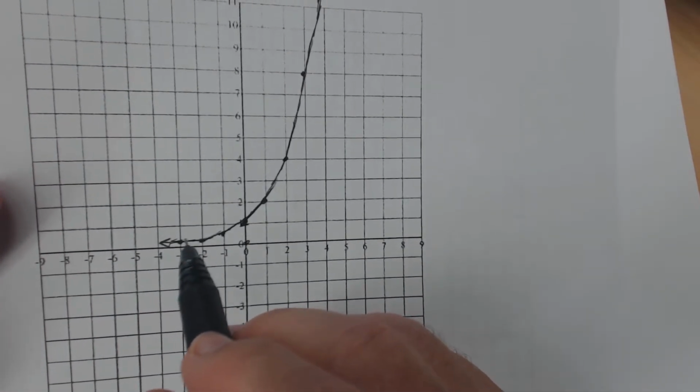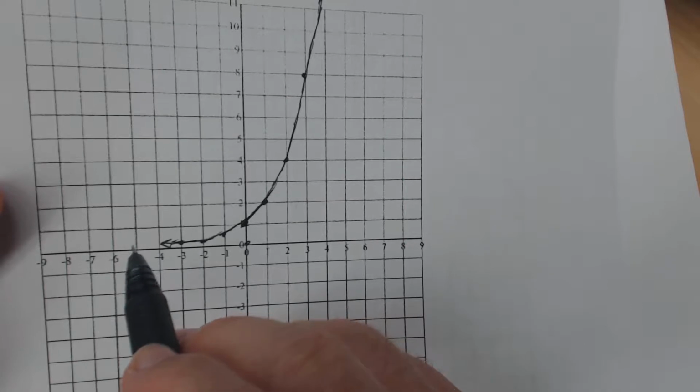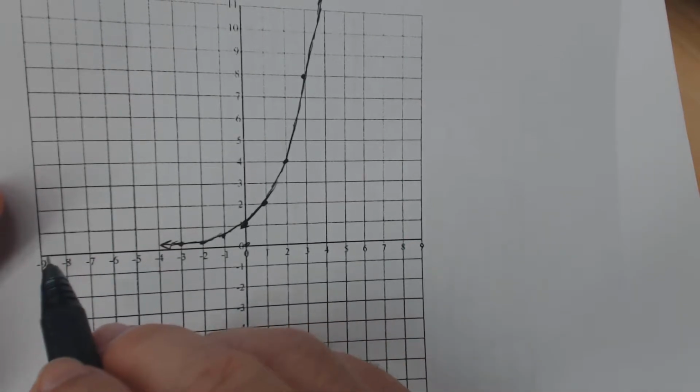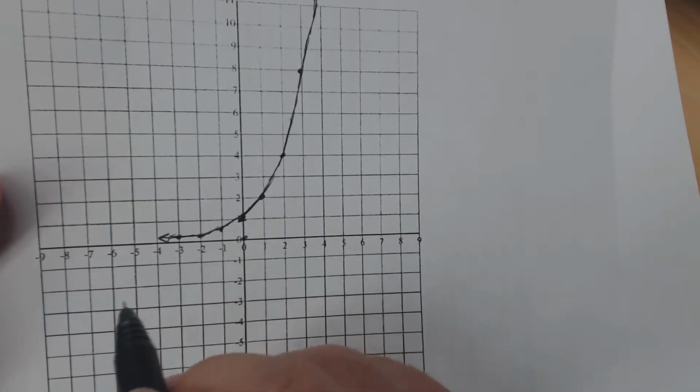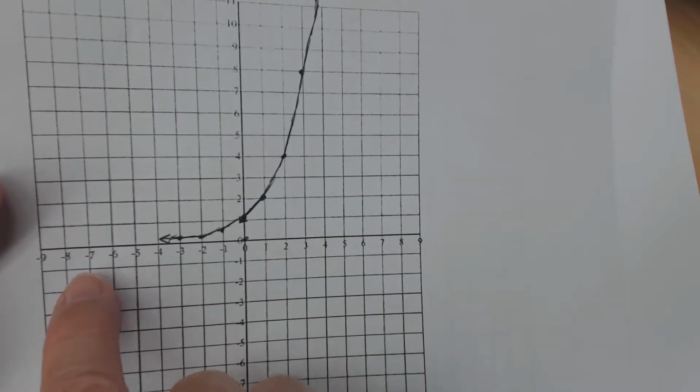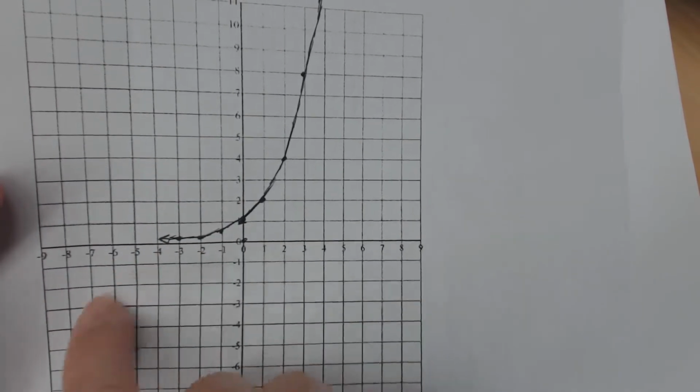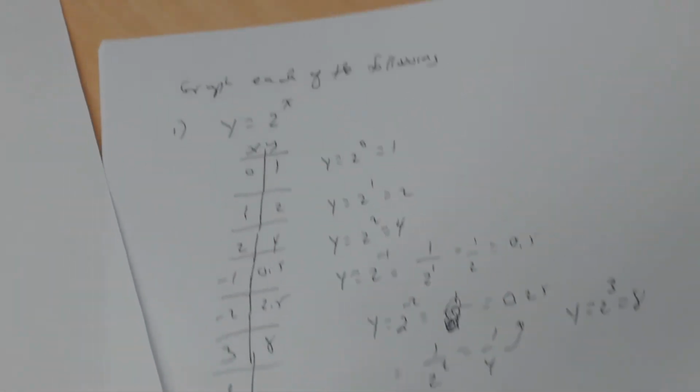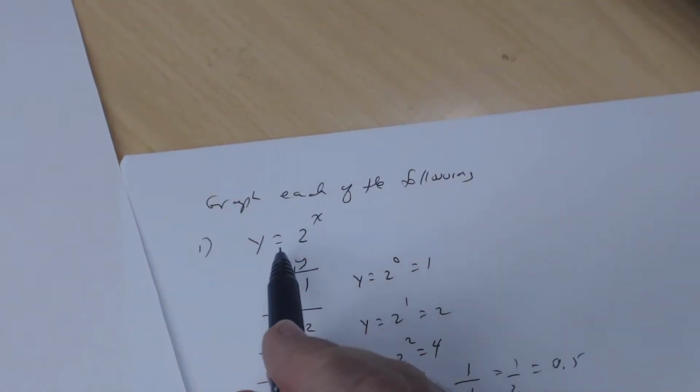Okay, now I want you to notice something. See these y values? As I keep going, those y values are never going to be negative, which means I'm never going to get, in this function, any y values below the x-axis. Think about this. The base is positive.